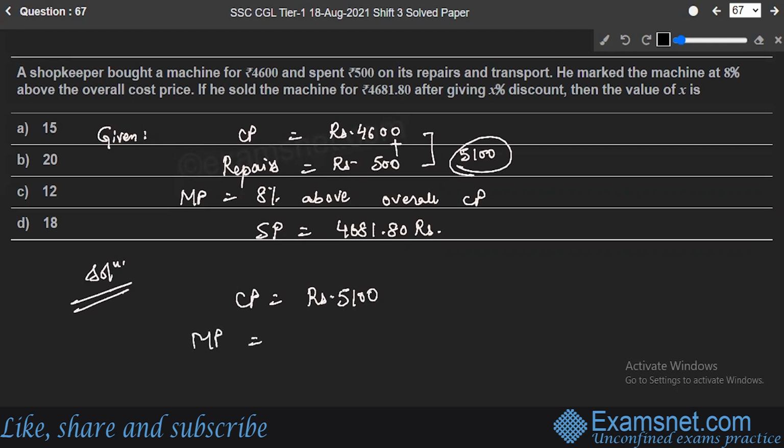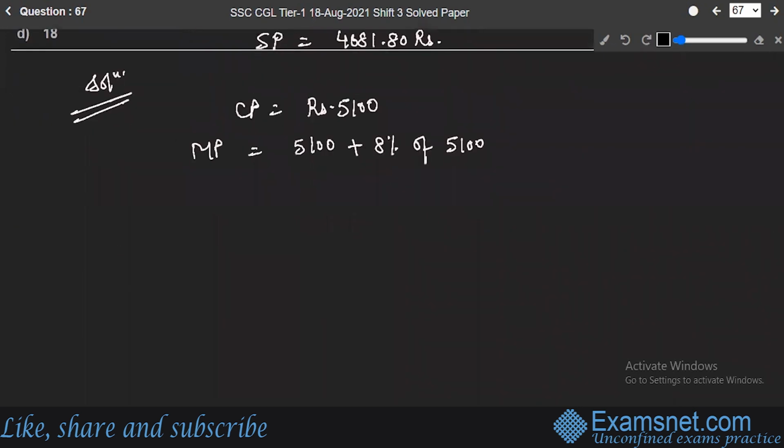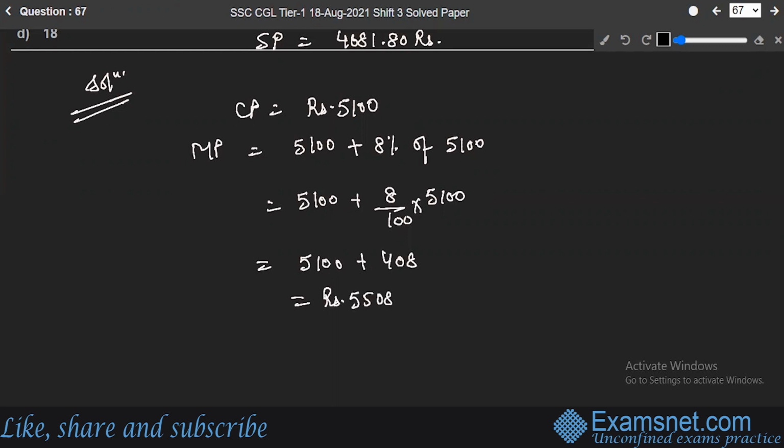It is 8% above that. That means it's 5100 plus 8% of 5100, right? This is equal to 5100 plus 8 upon 100 into 5100, which is 5100 plus 408. This gives you a total of 5508 rupees.